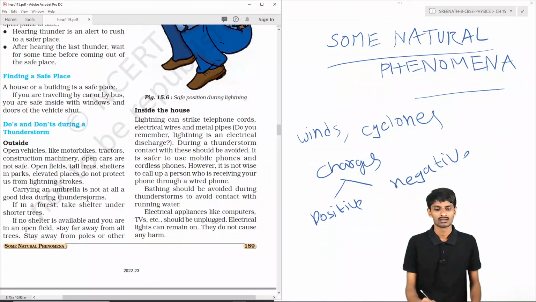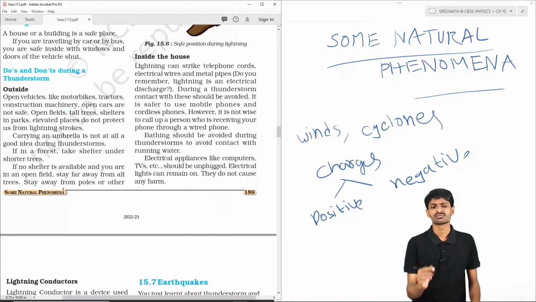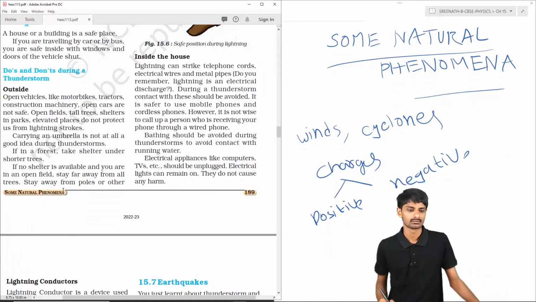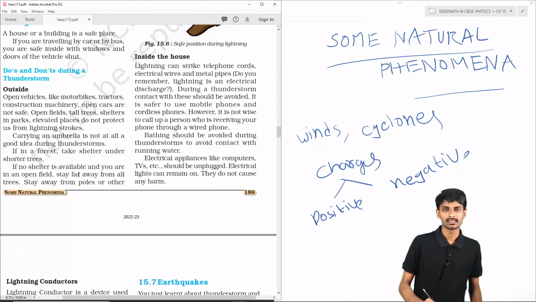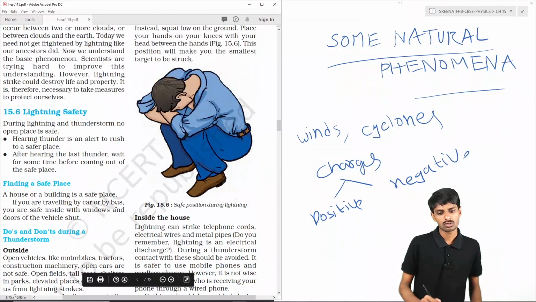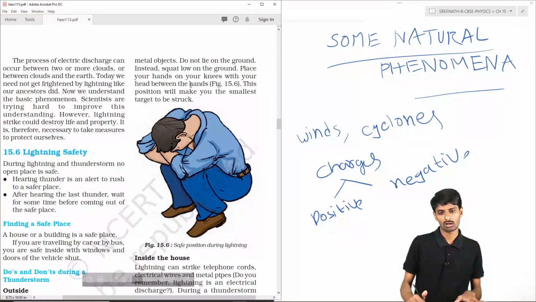Suppose you are in a forest, then we have to take shelter in the shorter trees, not in the taller trees. And suppose there is no shelter available in an open field, no trees or anything, then we have to stay away from poles or other metal objects, and do not lie on the ground.